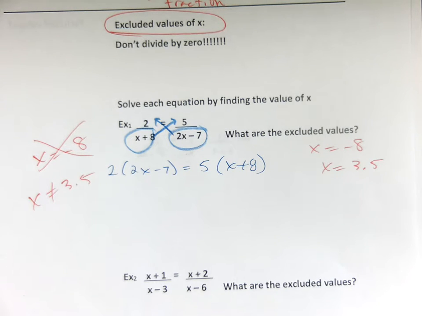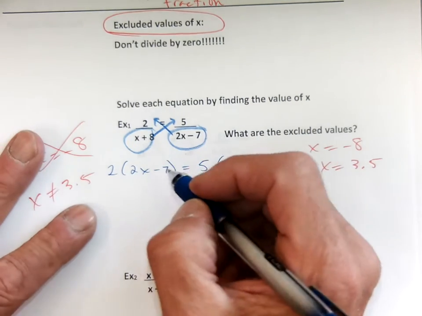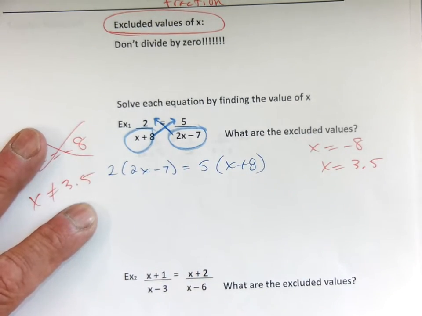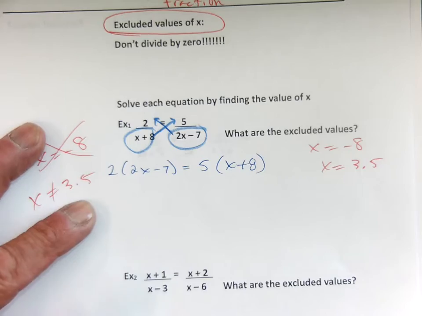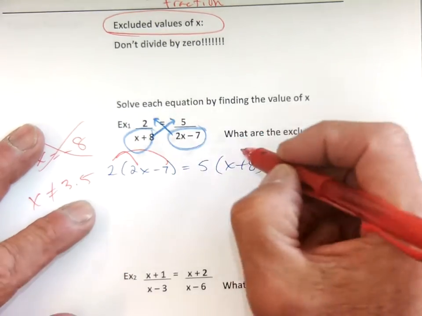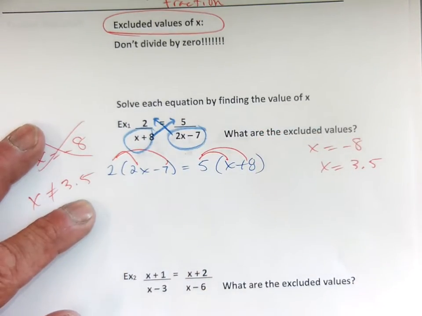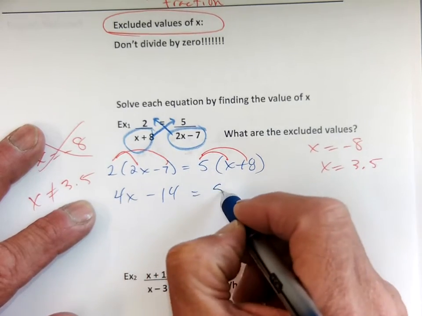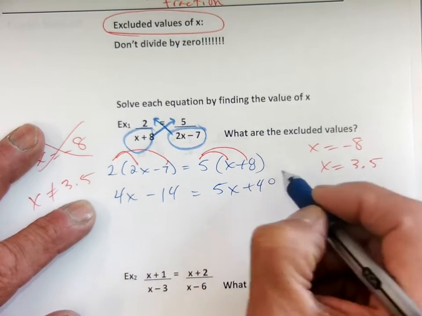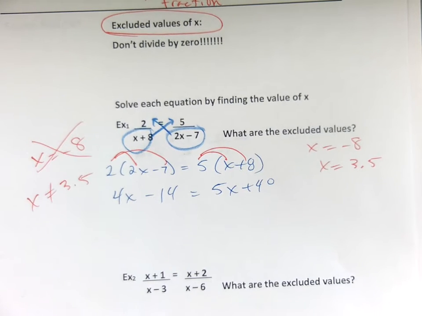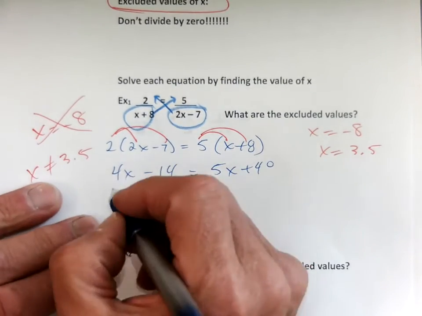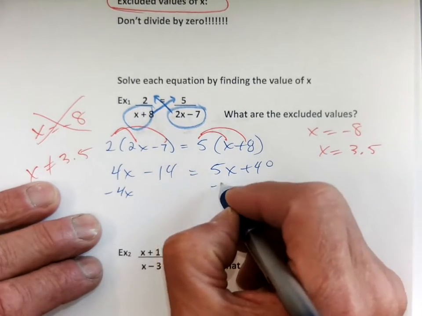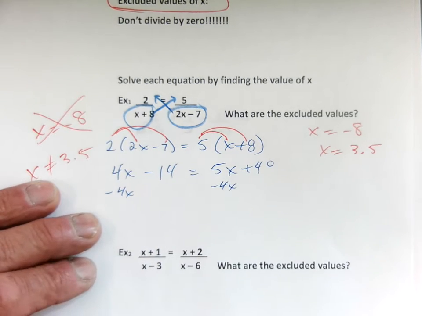Looks familiar. Looks like maybe the one Brian did, doesn't it? I think I did that on purpose for our notes to make it easy. So we're just going to distribute like Brian did. We get 4x minus 14 equals 5x plus 40. We're still solving for x, so I'm going to go minus 4x, minus 4x.